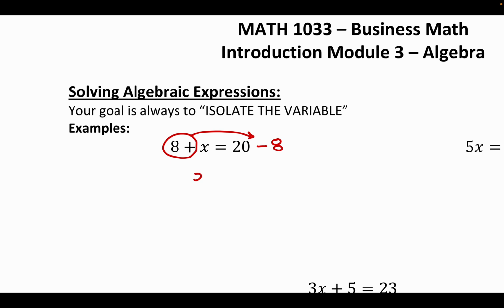And so what we're left with is something that looks like x equals 20 minus 8. And now we just have simple subtraction. So x equals 12. And so you probably could have come up with that without having to rearrange. But this is an easy expression so that you can see how this technique works.